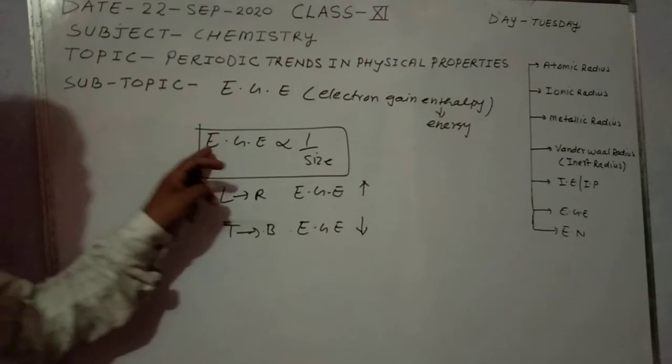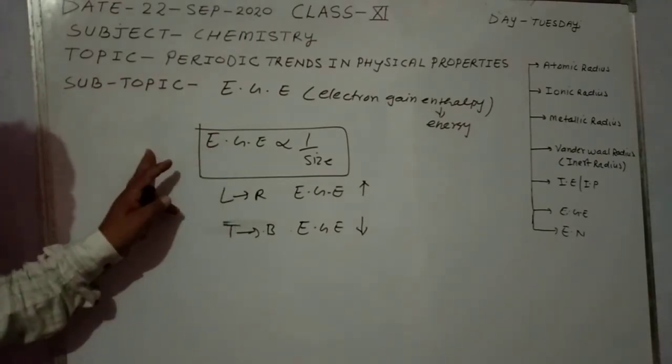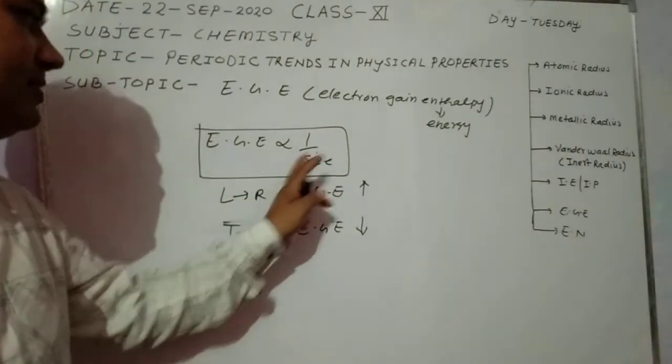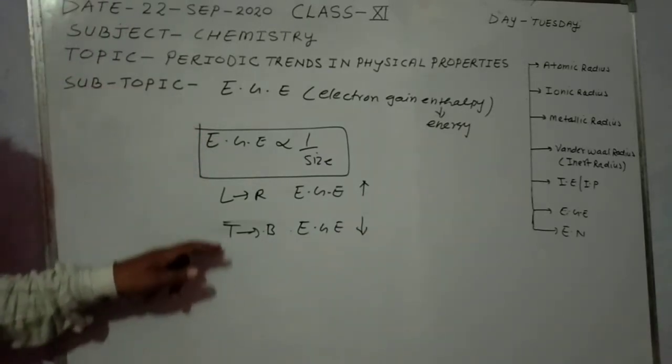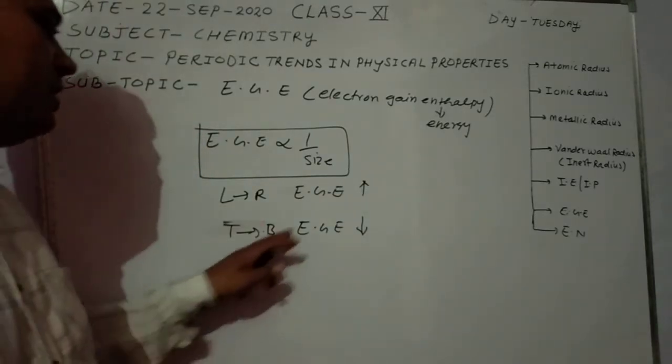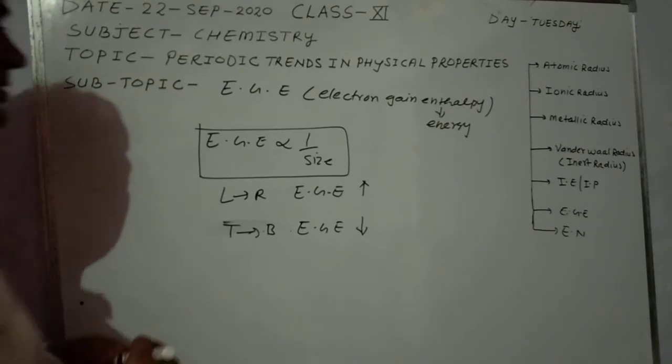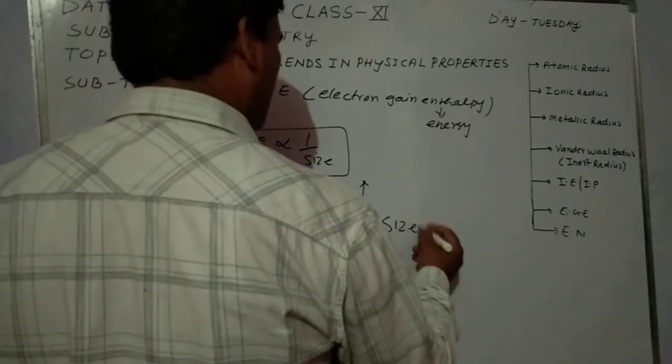Left to right it increases because size decreases, and top to bottom it decreases because size increases.